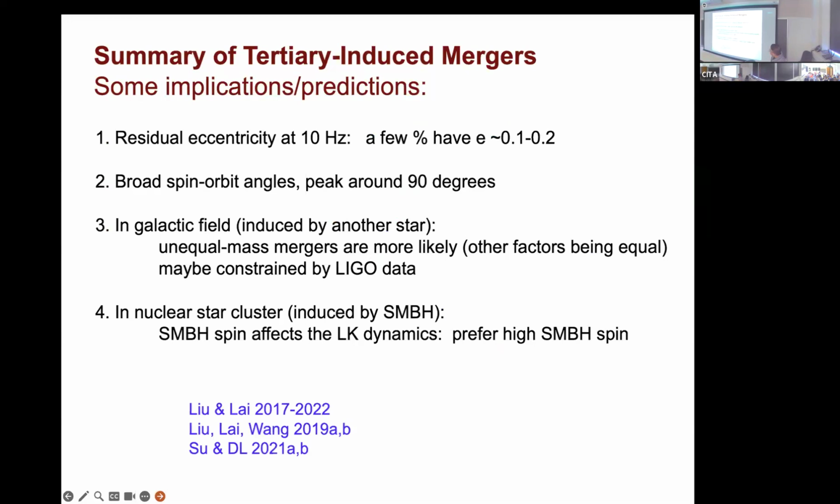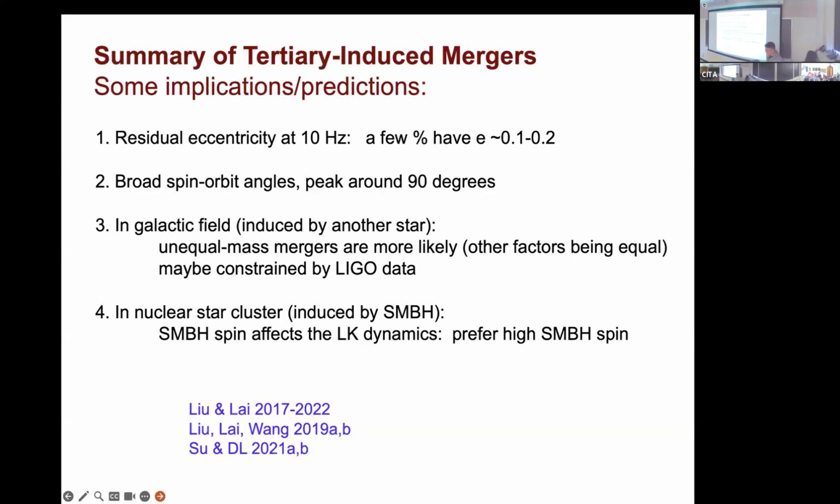And you tend to produce broad spin orbit angles, with a slight peak around 90 degrees. I'll explain why. And in the galactic field, for example, if the third body is another star or another stellar black hole, everything else being equal, this channel tends to prefer unequal mass mergers. Okay, unequal mass mergers, right?